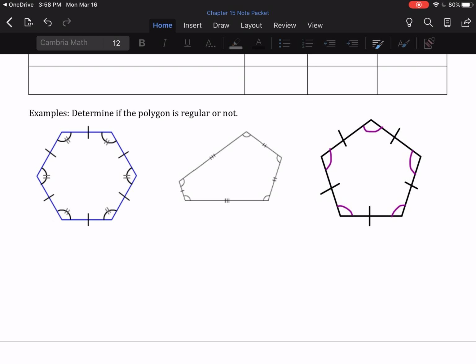Determine if the polygon is regular or not. To that end, we need to recognize what all these little symbols mean. So, when there's a single line through the side of a shape, and all the sides have that line through it, it is a geometer's way of saying these are all the same. Not necessarily going to tell you how big it is, doesn't necessarily matter.